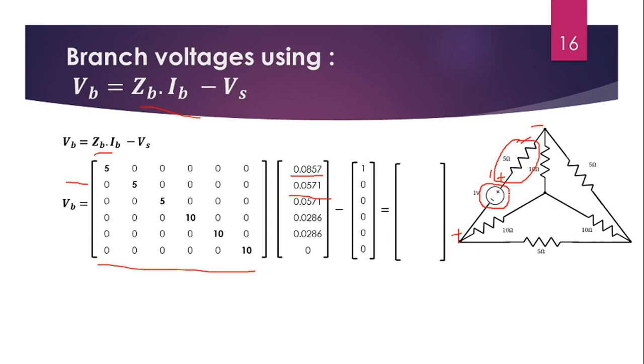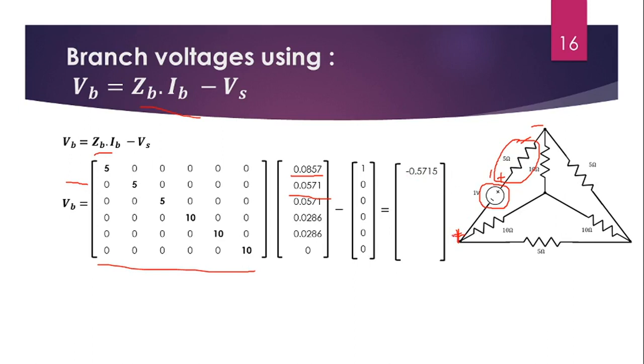Definitely if the source voltage value is greater than the resistance drop voltage, we are getting the minus voltage value, because the polarity we are taking is this a plus and this one minus. So what we find is minus 0.5715.